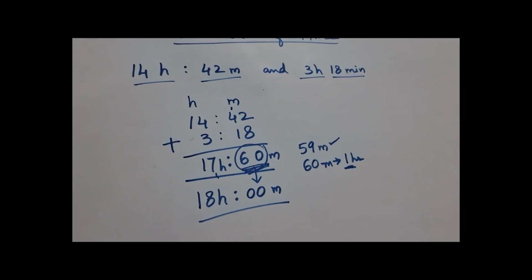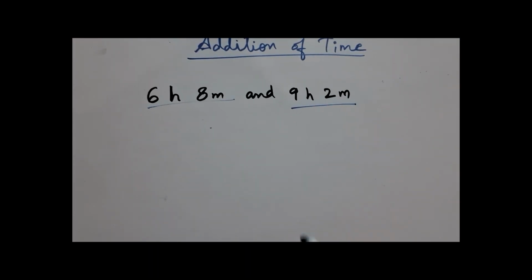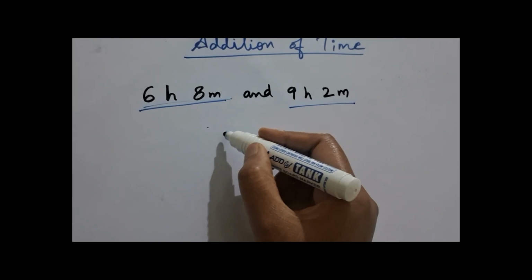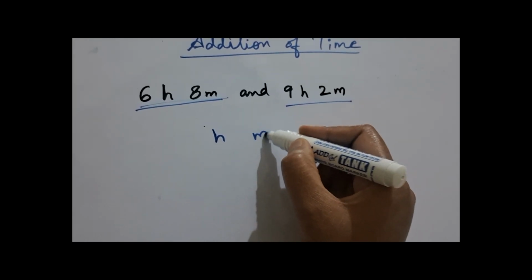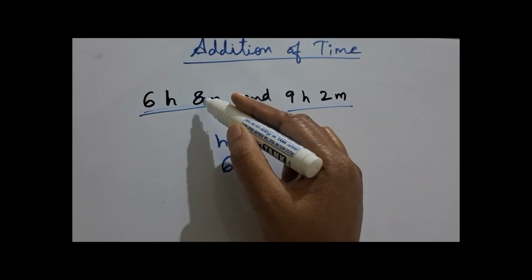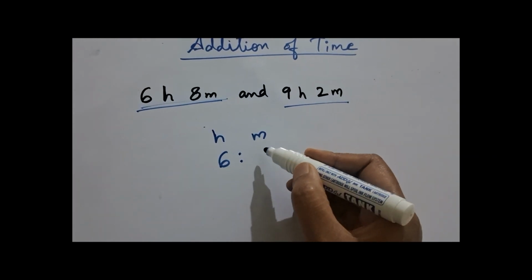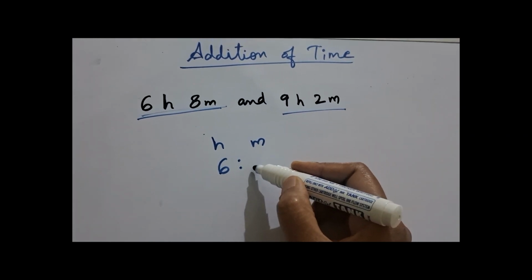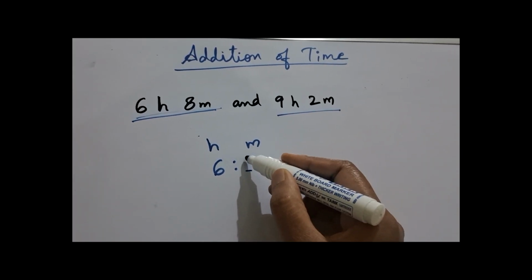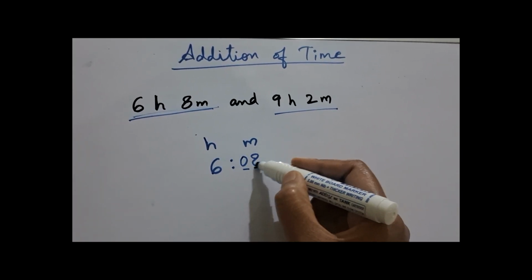Okay, children. Now let's add these two times, children. 6 hours 8 minutes. Hours, 6 hours, and minutes is 8 minutes, isn't it? It is a single digit number. So in minutes we have two places, right? So this should be written as 08.